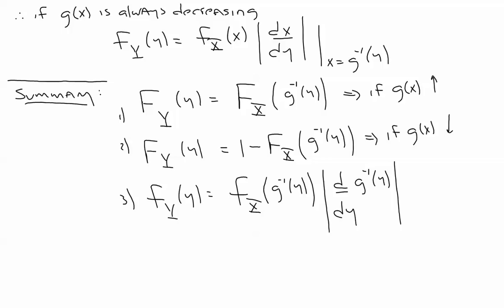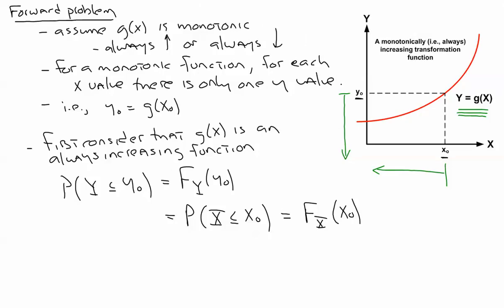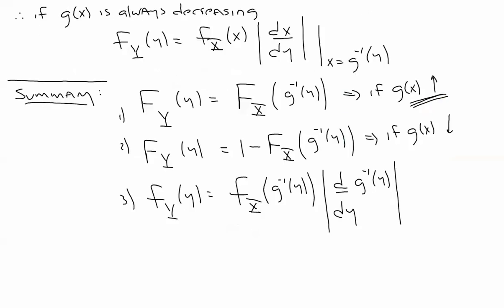And you'll notice that in the first case, when g is always increasing, the derivative of x with respect to y is always positive. Go all the way back to this figure. The derivative of x with respect to y would always be positive. Absolute value of a positive number is a positive number. All right? So this covers everything. This is the final set of results for the forward case.